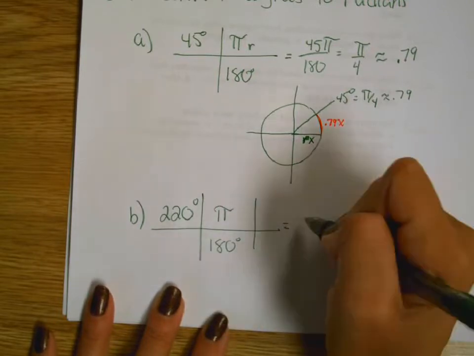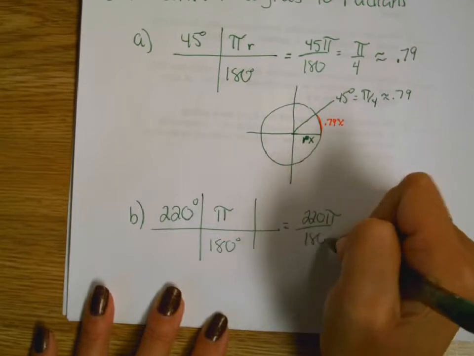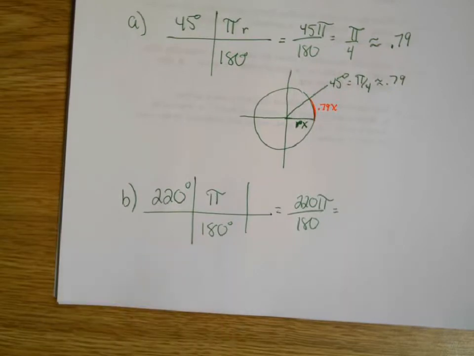So as an exact value, reduced down, 11 pi over 9.